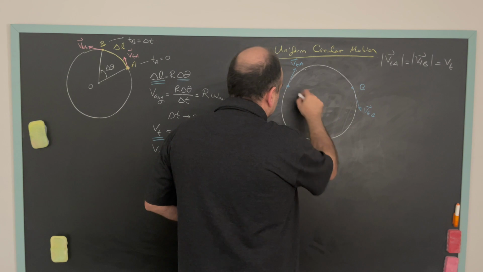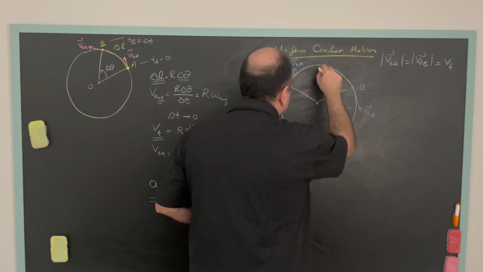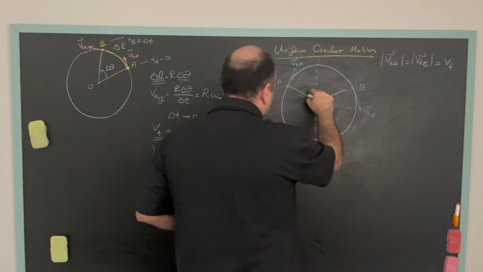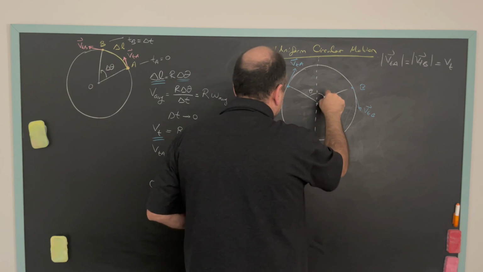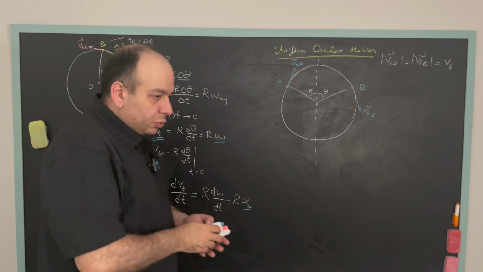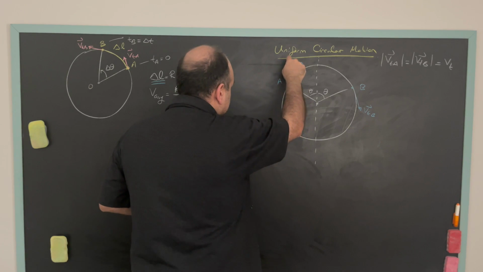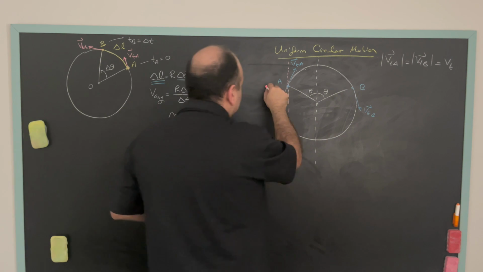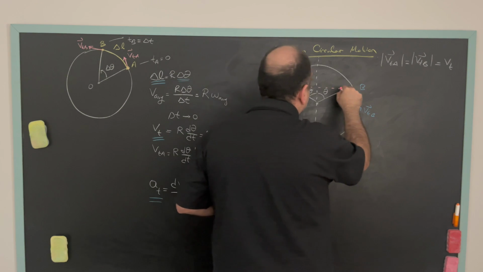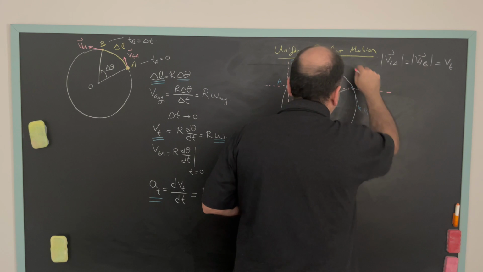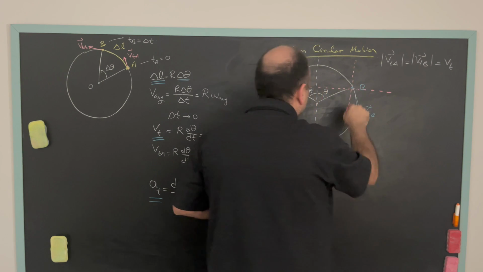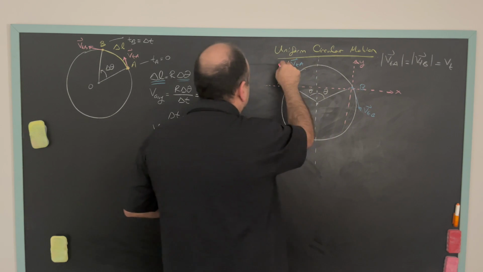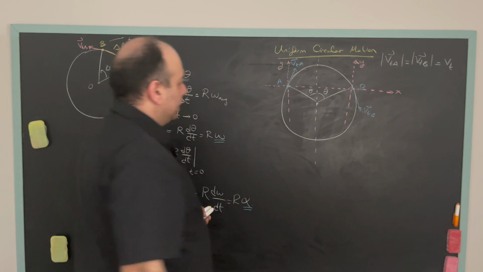Let's pick these points symmetric. In other words, if this is my vertical, this angle is theta, and this angle is also theta. Let's draw our coordinate system. This is my vertical, this is my horizontal. Let's call this y and this x, and this is of course y and this is x.